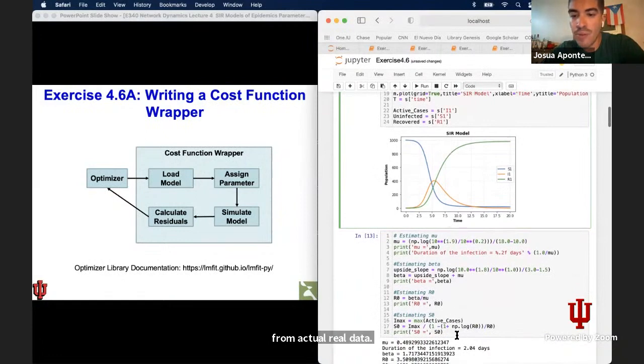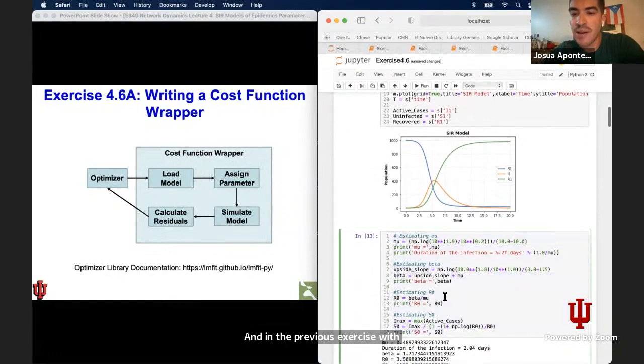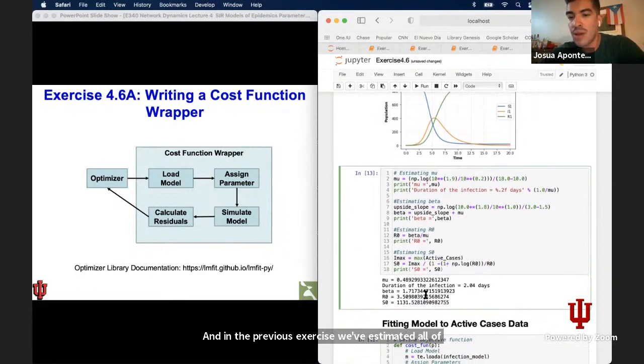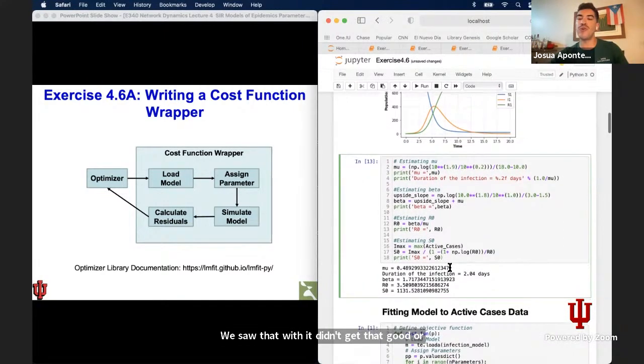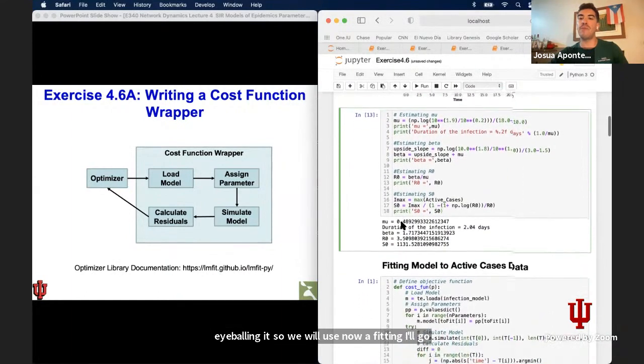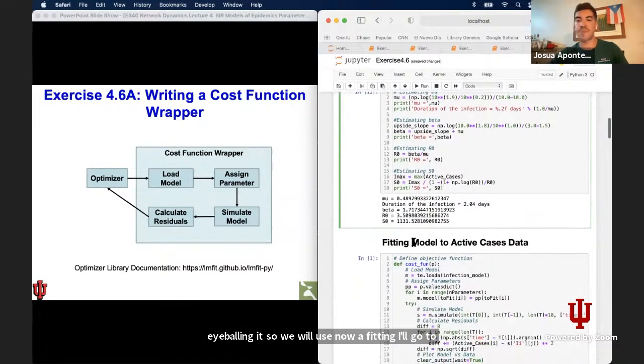In the previous exercise, we estimated all of these parameters, mu, beta, R naught, and S naught. We saw that we didn't get that good of a guess by eyeballing it. So we will now use a fitting algorithm that will optimize the values of these parameters.